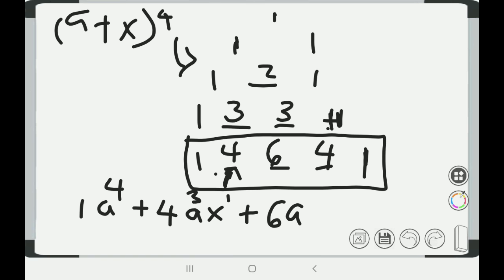6 a raised to 2 x raised to 2, plus 4, no, not x, 4 a raised to 1 but x raised to 3.